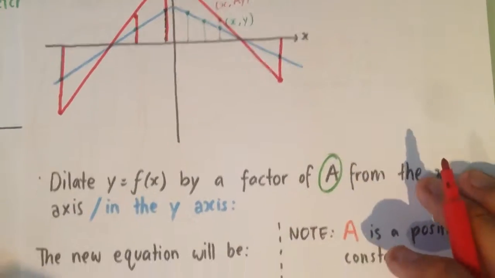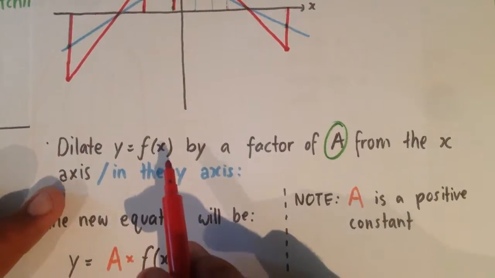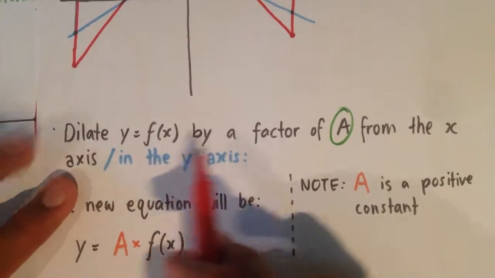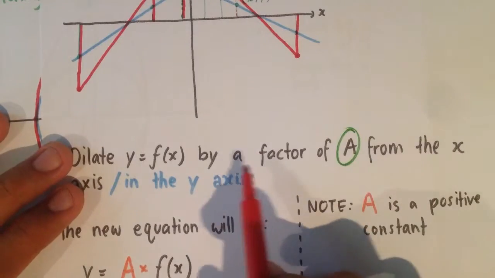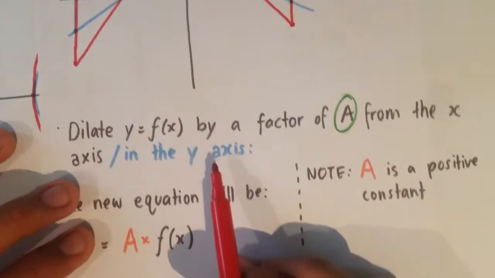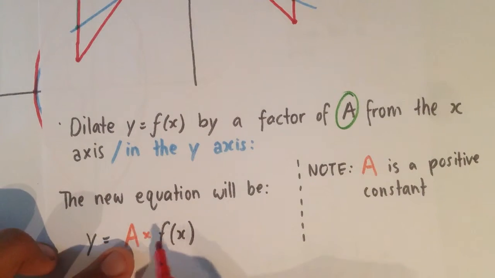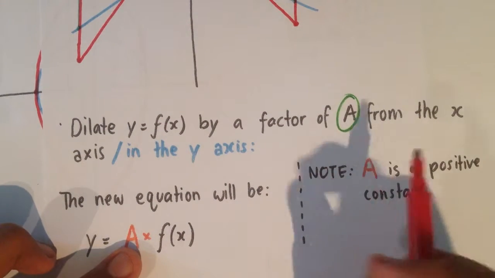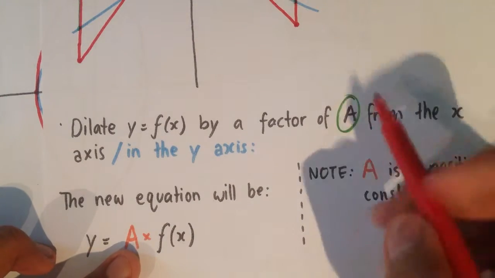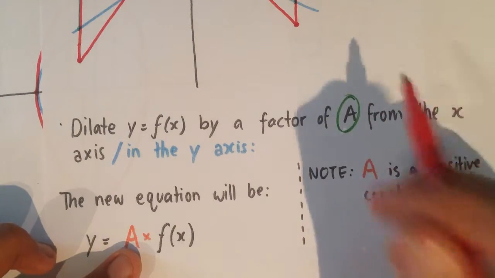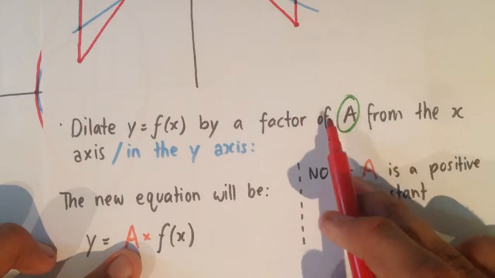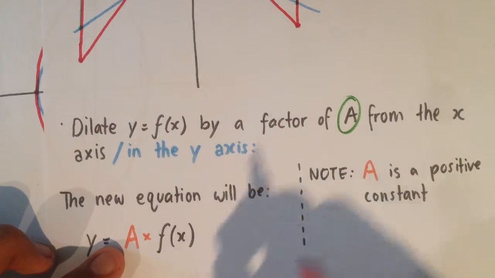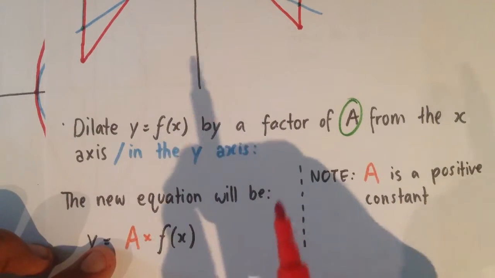Okay. So in general, if you've got a function, and you dilate by a factor of a from the x-axis, your new equation is a times f of x. A is just a positive constant. A is the dilation factor, and the dilation factor is always positive. If there's a negative at the front, that means there's a reflection and a dilation, but here we're just dealing with dilations.